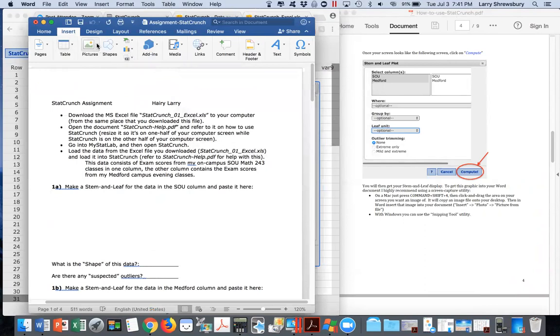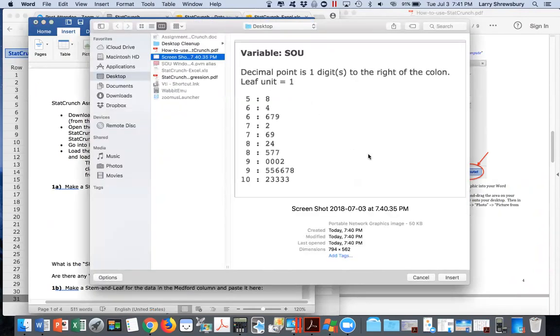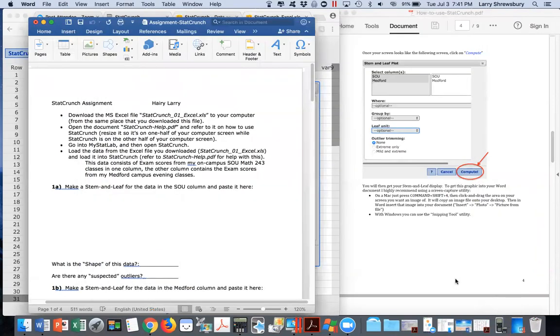I've got to do that again now. Picture from File, and I've got to select my screenshot and insert that.